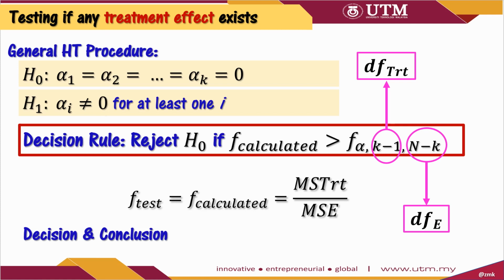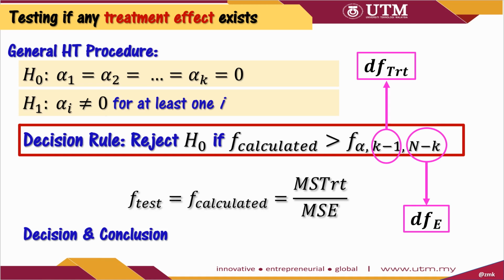The other steps in the statistical testing procedure, such as the decision rule, the calculation of test statistic, which is the calculated F ratio, and the critical value, are exactly the same as what we had when testing the means. Of course, in the conclusion, when you test the treatment effects, then you should conclude on treatment effects as well.